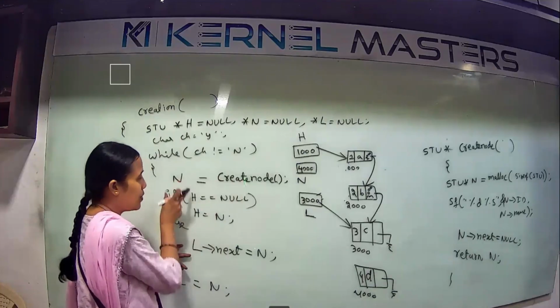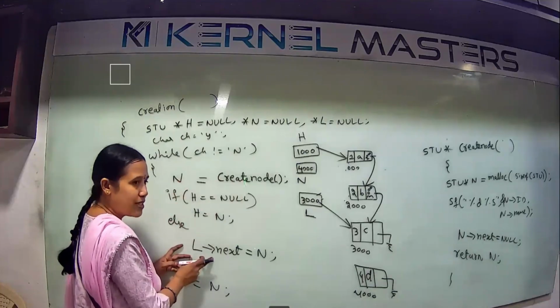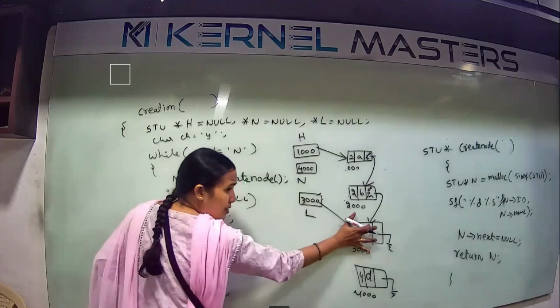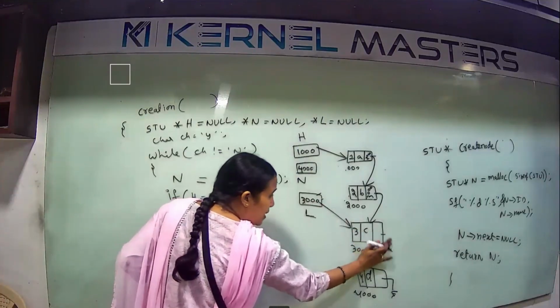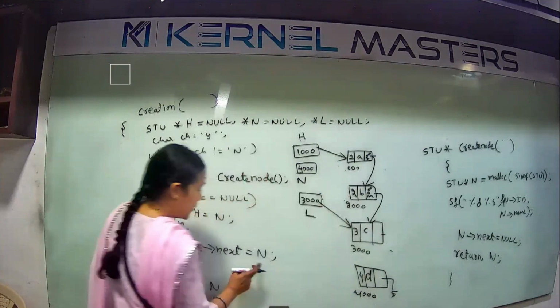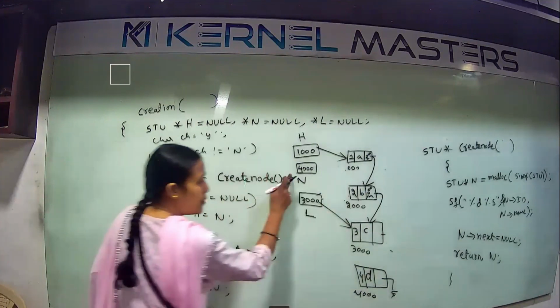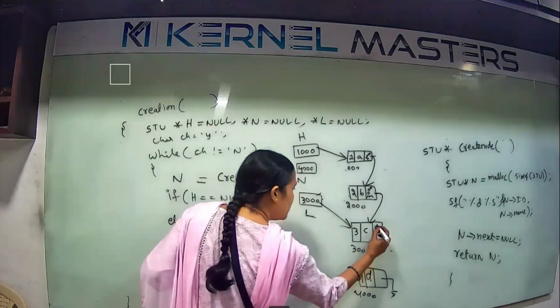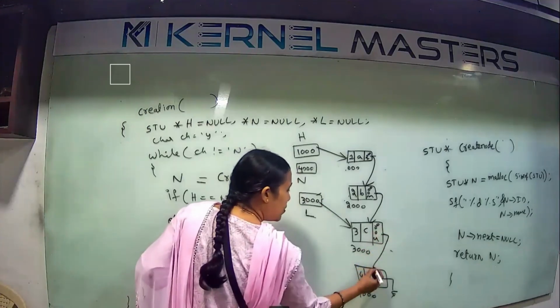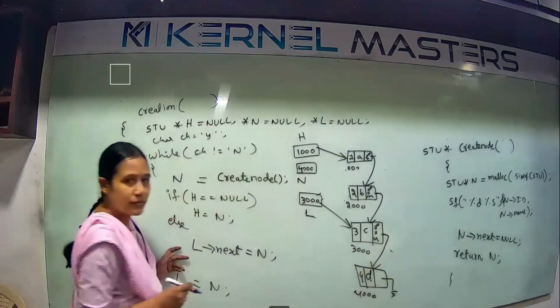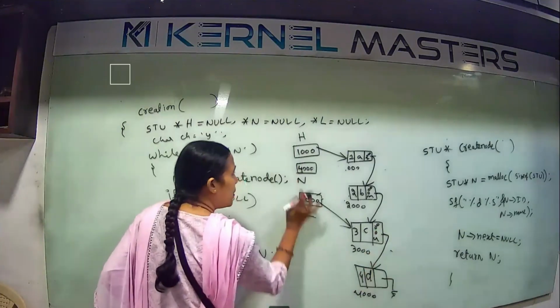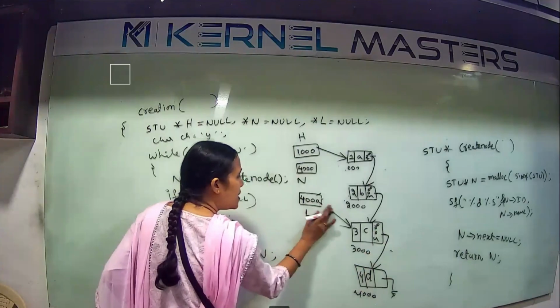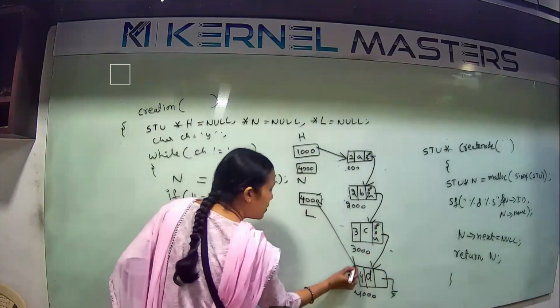N value is 4000. This is false. Go to next. Now L is pointing to 3000 address. L next is this number. Write new value here. N is assigned to L next. So write 4000 here. That means this is connected to this node. Okay. Now L is equal to N. L value copy N. Means this is now pointing here.